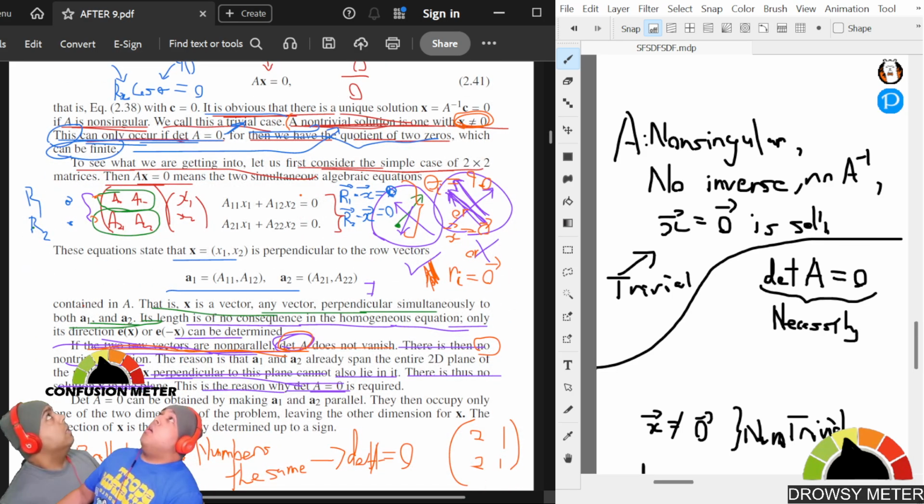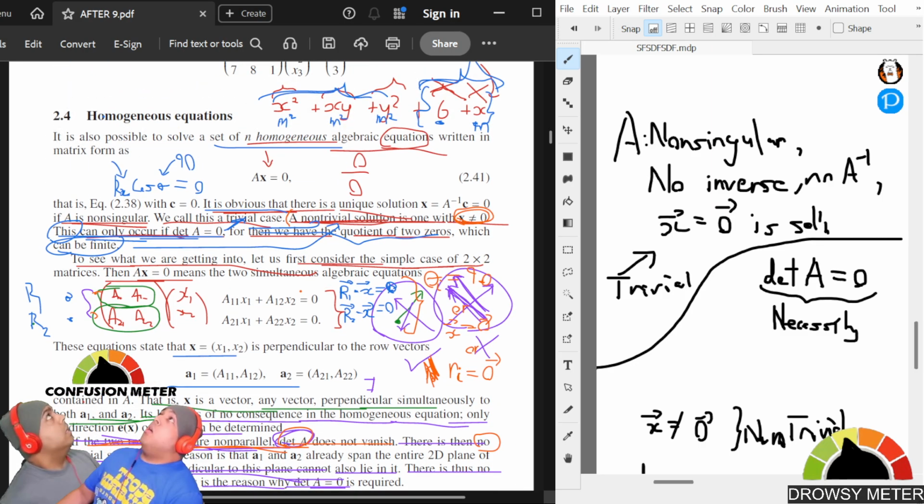If two vectors are not parallel, determinant A does not vanish. There is no non-trivial solution. A trivial solution is where x is 0. Non-trivial solution, x has something in them. There is no way x has something in them. Why? If x had something in them, then A times x, okay, I understand.